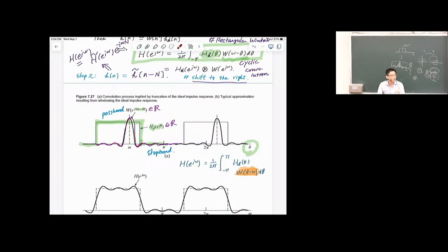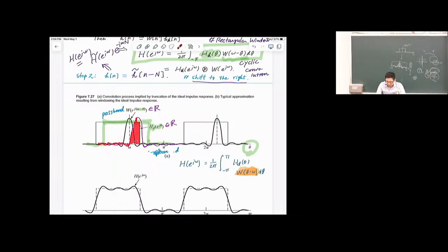Later we are going to shift this to the right by a little bit, and then calculate the area under the curve after shifting it to a new omega.